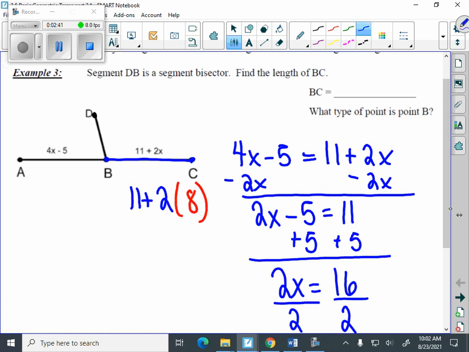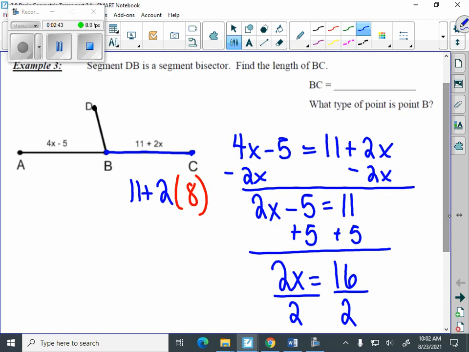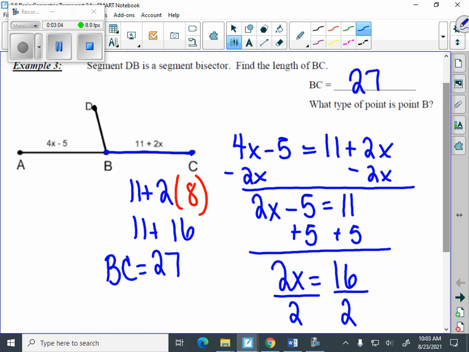We just found that. So now we get 11 plus 2 times 8, which is 16. And finally, 11 plus 16 is 27. That's our length of BC. So we can put the 27 up here.